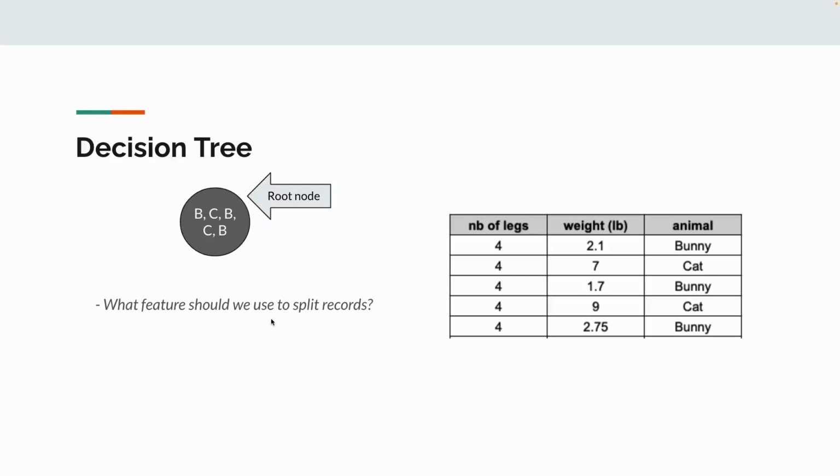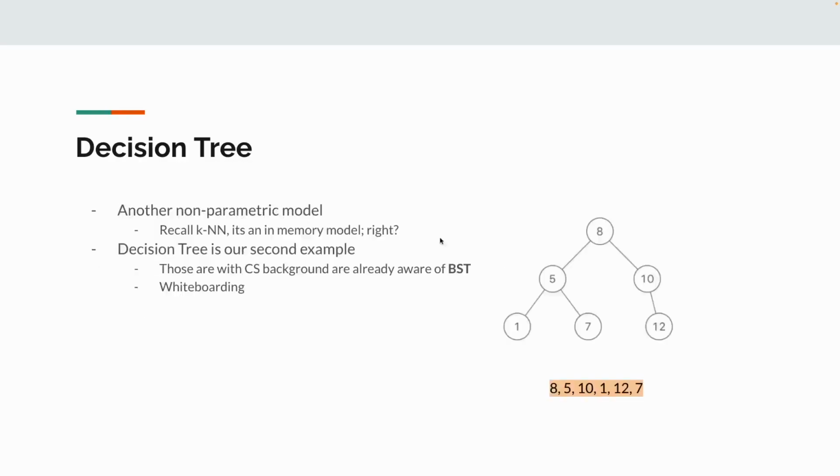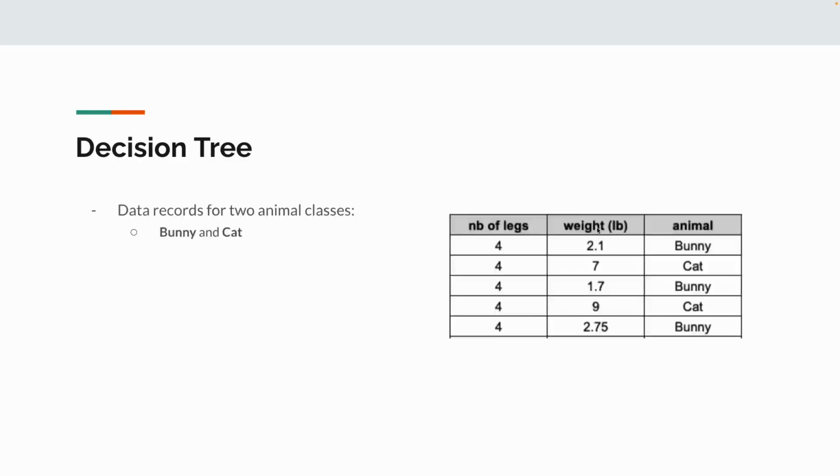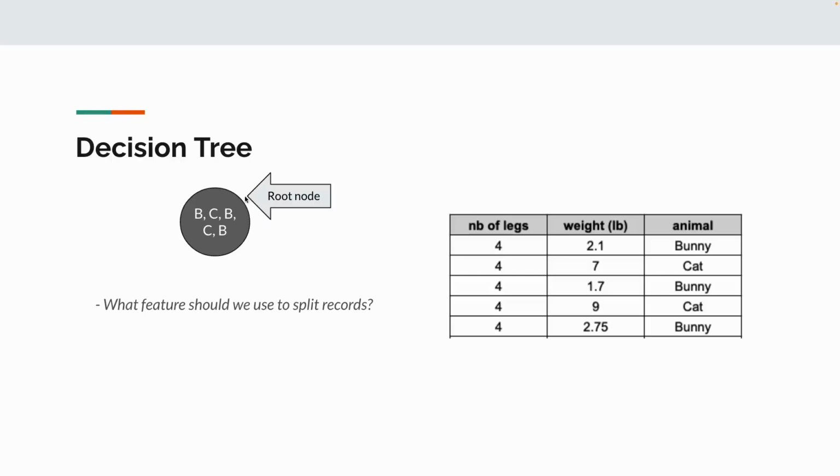Just like the binary search tree, we start with a root node, where you place all your data points. I am labeling bunny as B and cat as C, so you see bunny, cat, and bunny. We start with all the data points.